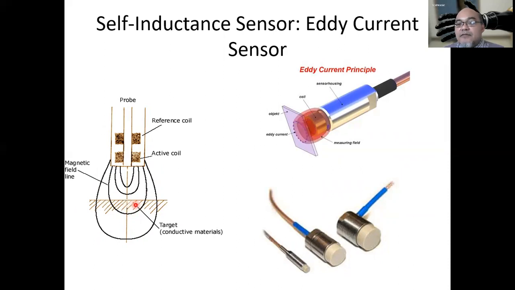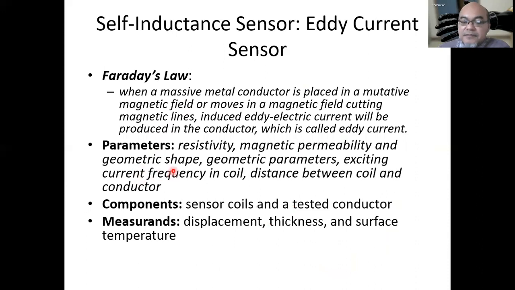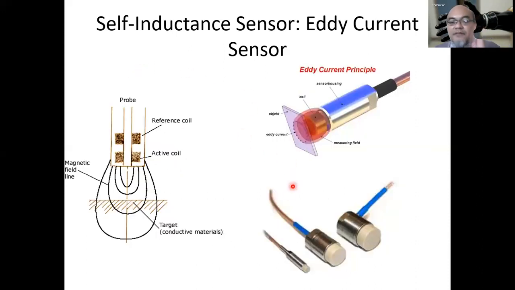As a result, there will be more eddy current as well. So the eddy current that flows through the object will depend on many different parameters: the distance, the current flowing through this coil as well, and many others as presented here, the geometry also. This is how an eddy current sensor looks like in the real world.